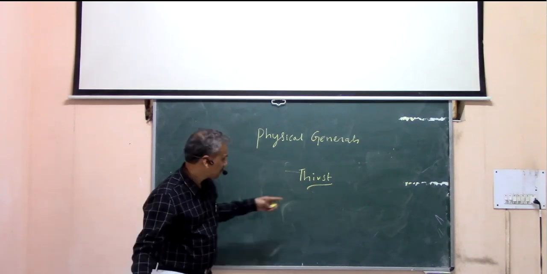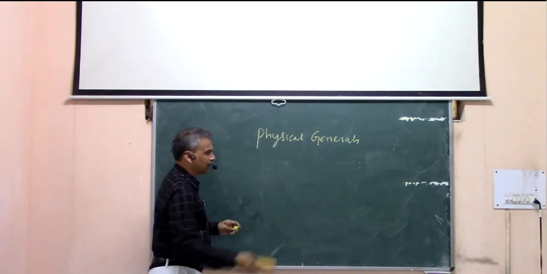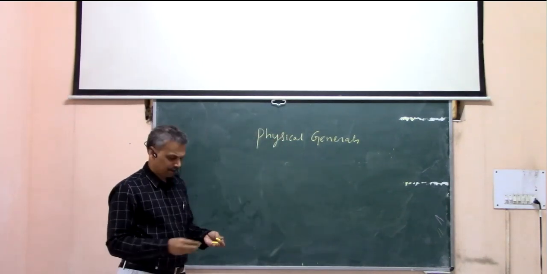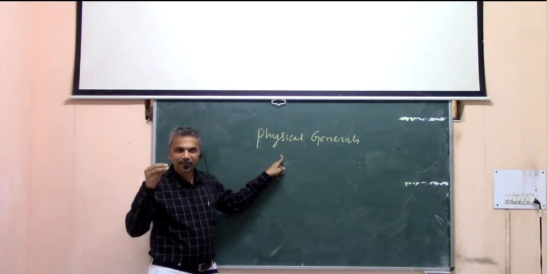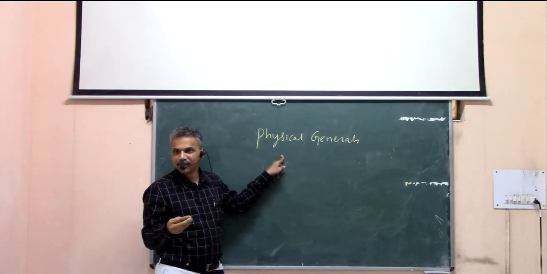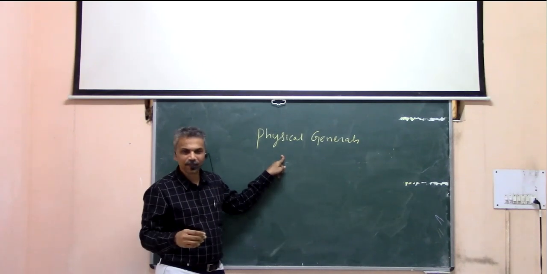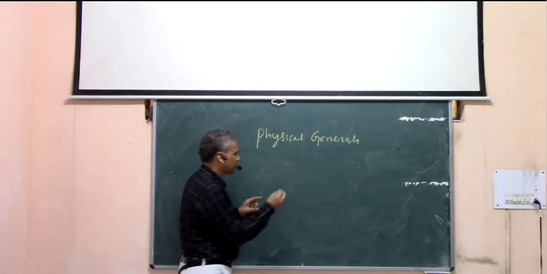So this is to do with thirst. Sleep. Any idea? I know sleep comes from the physical generals, but keeping the noble metals in mind, anything that comes up here? Bowels, very good. Thank you.